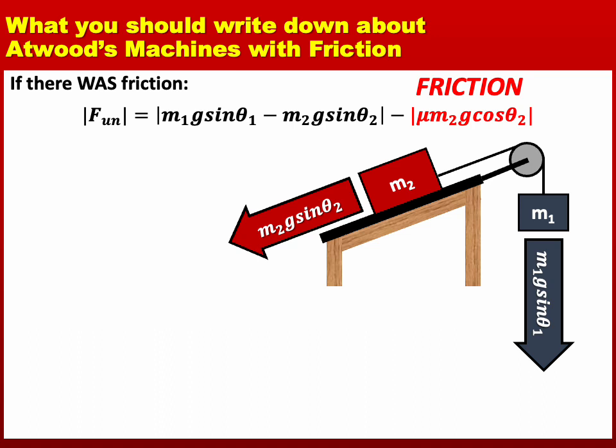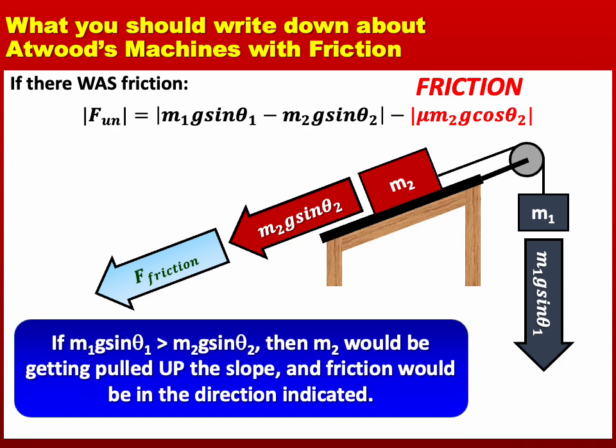Now, if the blue arrow ended up being bigger than the red arrow, that would mean that the dark blue block would go downwards and the red block would get dragged up the surface. And if it's getting dragged up the surface, friction would oppose the motion, and it would be in that direction.